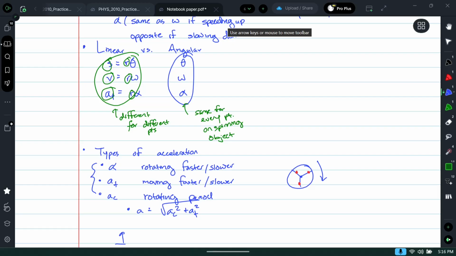I think the best example I can give of this, and maybe a more everyday one, is when you first turn on a dryer and it starts tumbling the clothes. The moment you turn on the dryer, it has no centripetal acceleration because it's not turning yet. But it does have an angular acceleration because it's gonna be turning pretty soon, meaning it's gonna change its rate of rotation from 0 to some non-zero value.